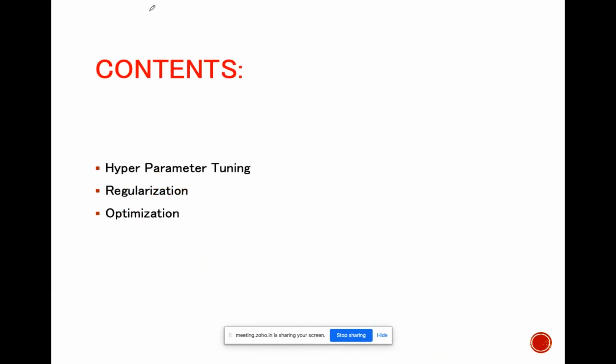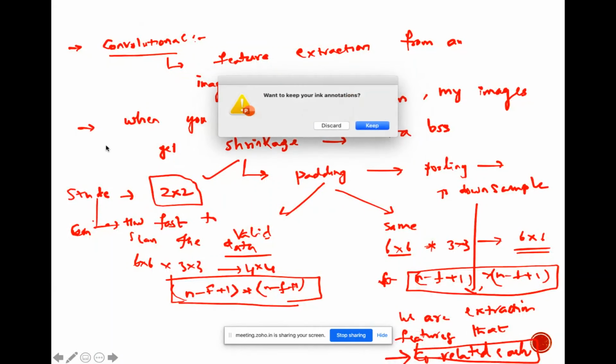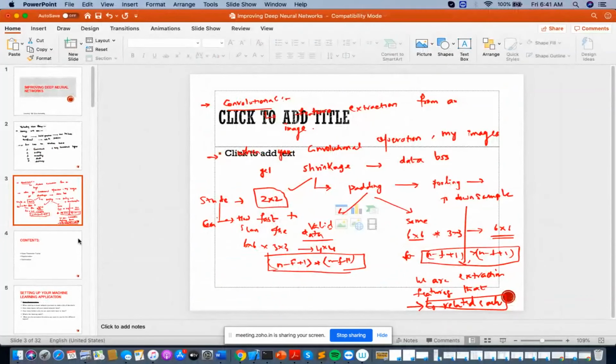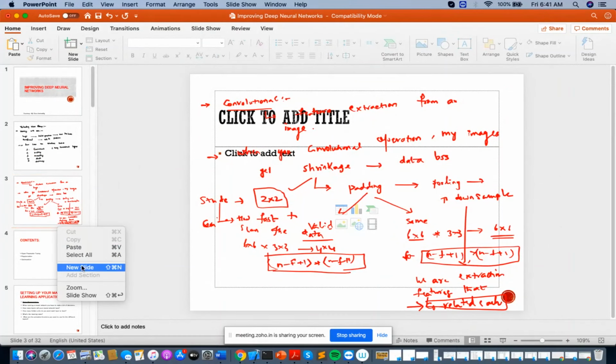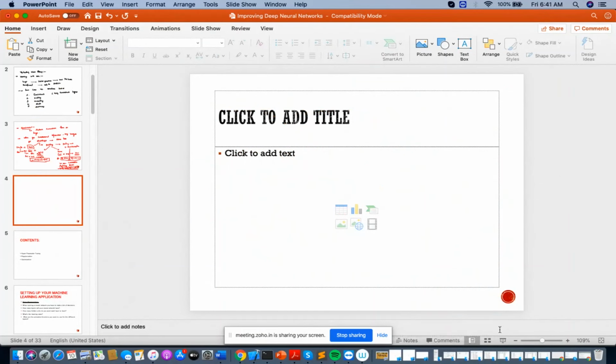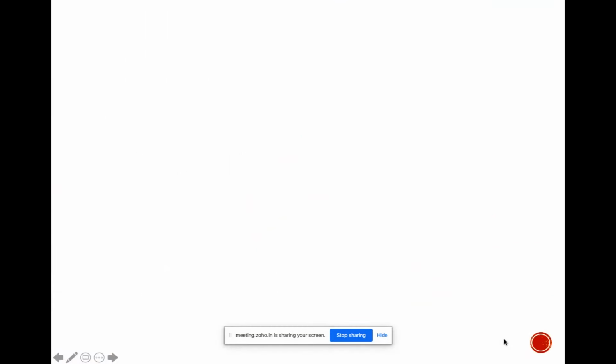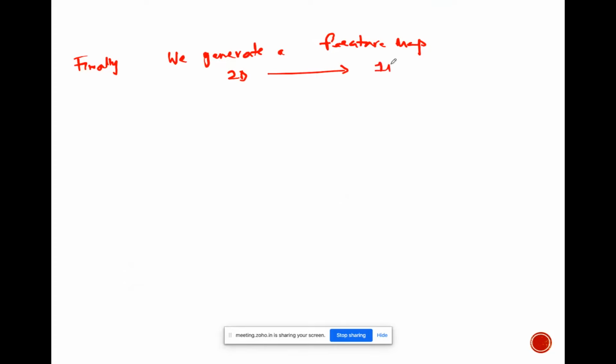Finally we generate a feature map that is two-dimensional. We wanted to transform that into one-dimensional to feed to the deep neural nets.